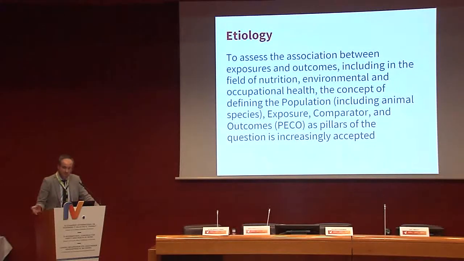So, for instance, to assess the association between exposure and an outcome, including in the field of nutrition, environmental, and occupational health, the concept of defining the population, including animal species, exposure, comparators, and outcomes, which we call PECO with an E under those circumstances, as pillars of the question is increasingly accepted.